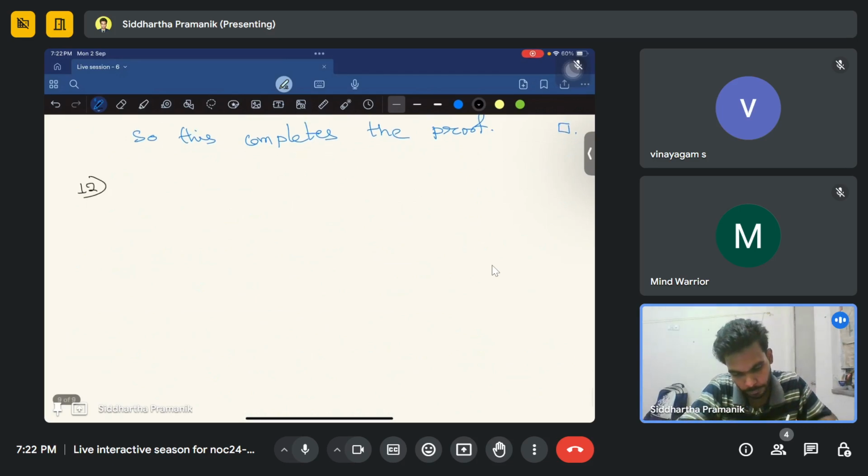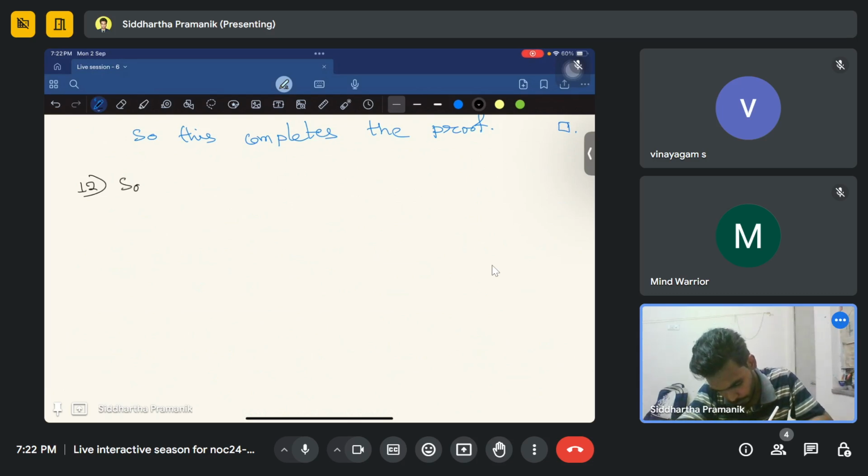Okay, so let's see some more examples of group actions, which will be used in the later lectures also, and these are interesting because of their geometrical structure. So some more examples of group actions.